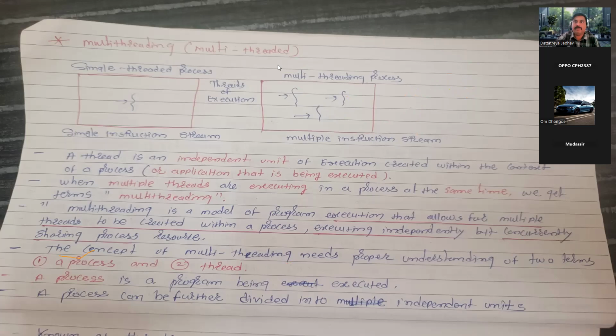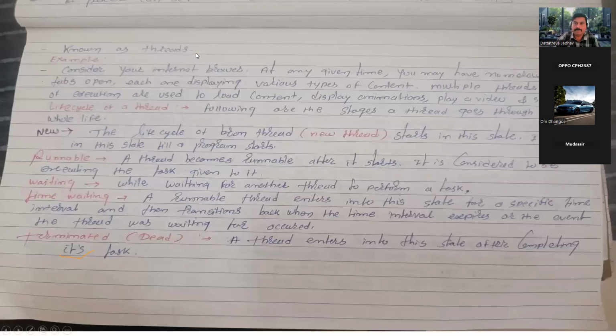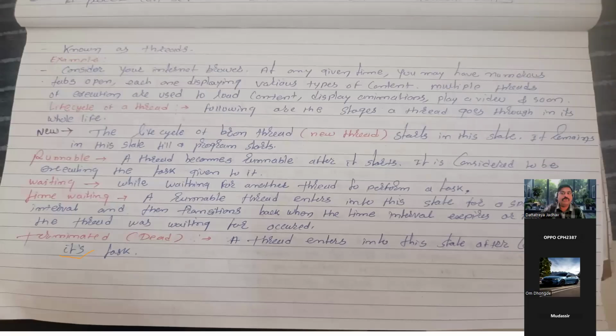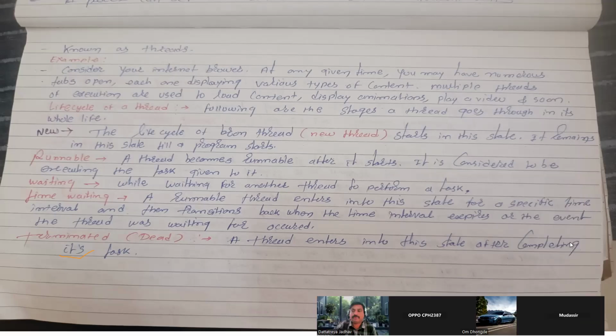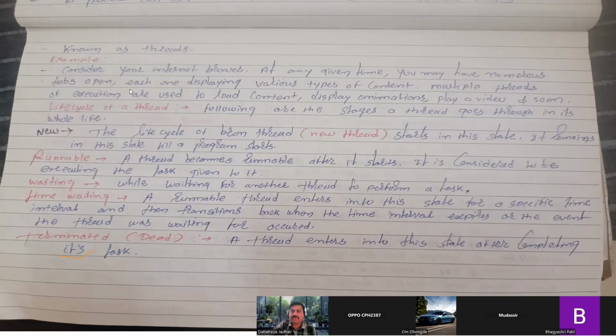Let's look at this. Suppose we take one example for understanding the concept of multi-threading, right? Consider your internet browser. At any given time, you can have numerous tabs open: tab 1, tab 2, tab 3, tab 4.